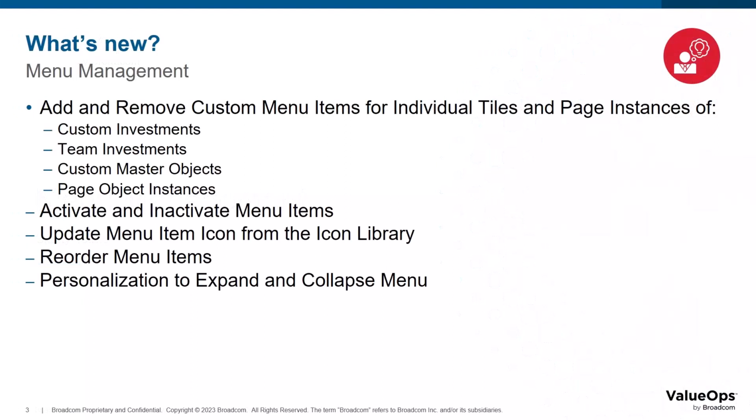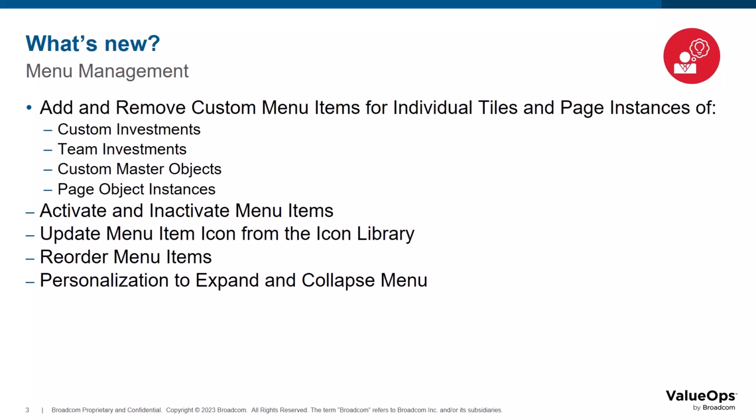So what is new in Menu Management? Customers will have the capability where they can add and remove custom menu items for specific objects: custom investments, team investments, custom master objects, and also page object instances.